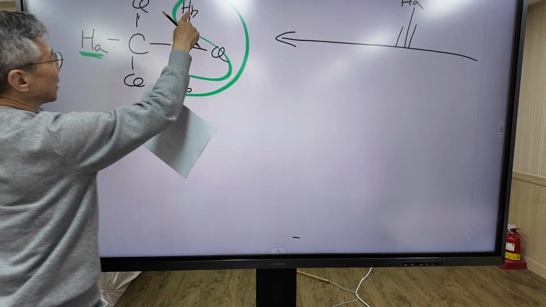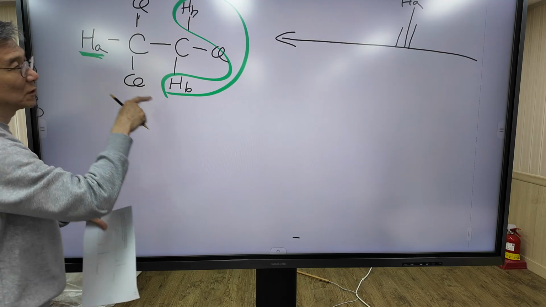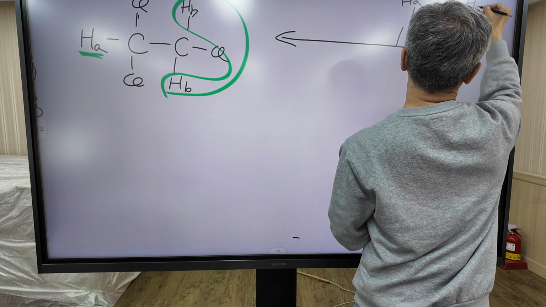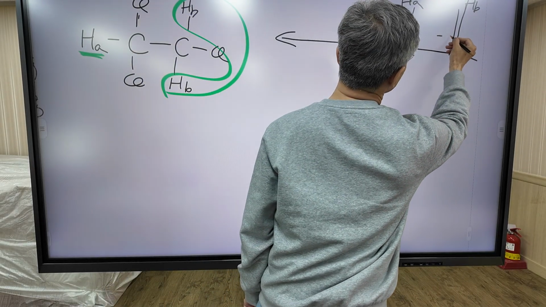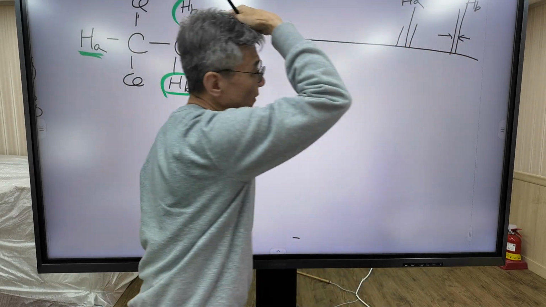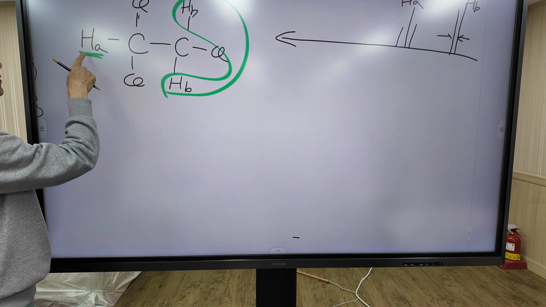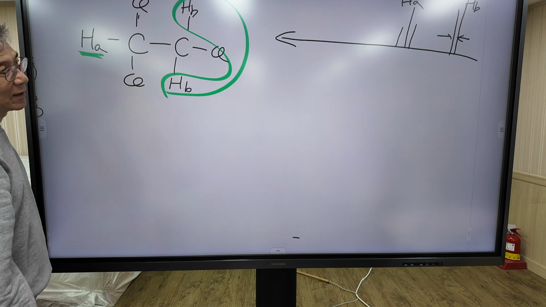And the Hb proton is coupled to one hydrogen. The peak is split into a doublet. The spacing of the doublet reflects the strength of the magnetic field the Ha proton exerts on the Hb, right?